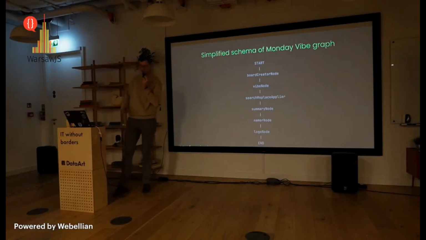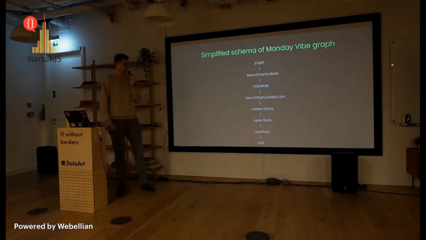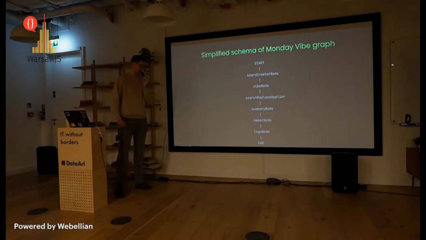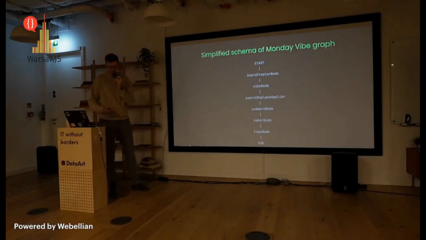Then we have nodes responsible for parsing the response, summarizing the whole conversation in case it gets big and we are reaching the limits, generating the name of the app, and generating the logo of the app. So this is very simplified.